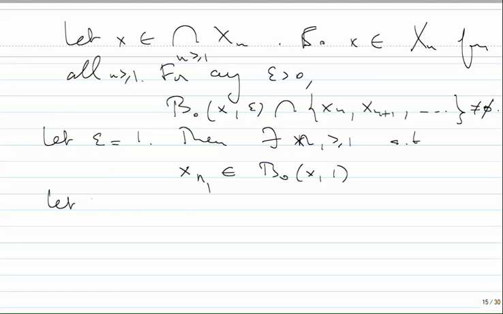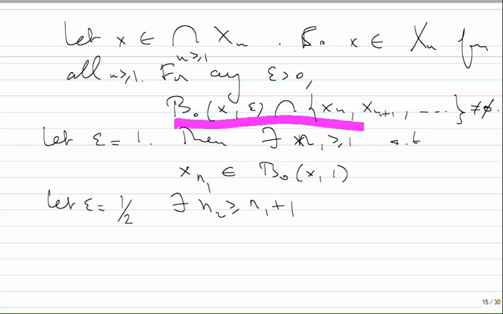Let epsilon be equal 1/2. There exists n2 greater than n1 plus 1, because we said here for every n, the intersection that we have right here, for any epsilon, this is true for any n. So we can take n1 plus 1, then there exists n2 bigger than this, such that xn2 belongs to the ball x, 1/2.